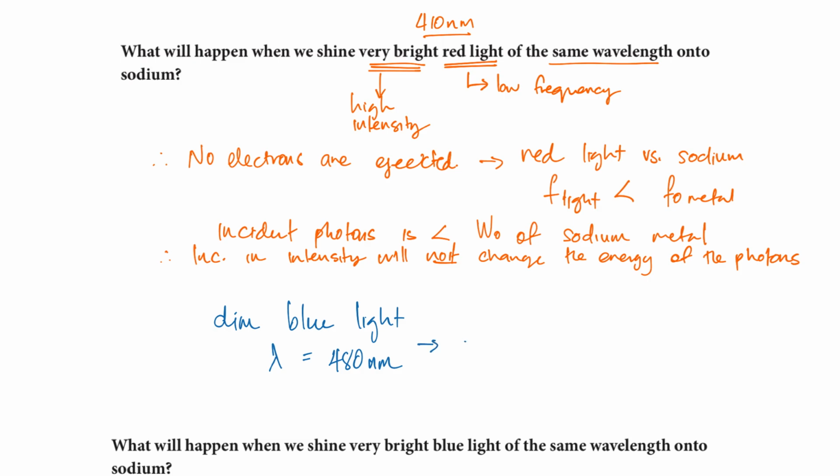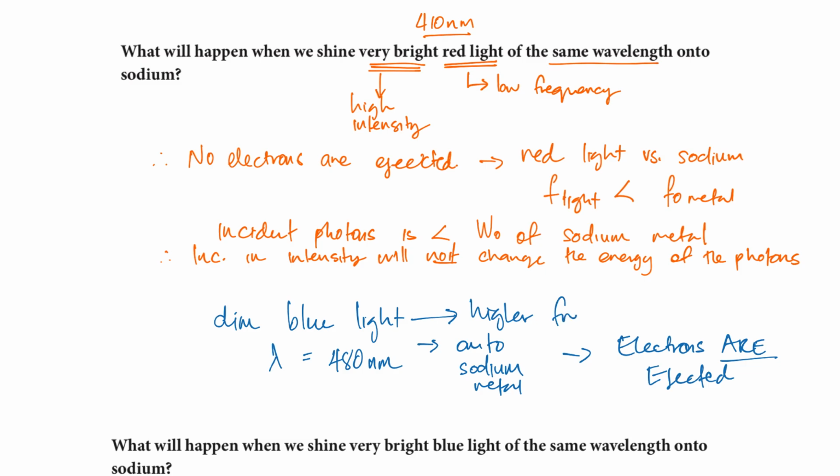If I shine this onto sodium metal, then the electrons are ejected. The reason for that is blue light has a higher frequency. And if I have a higher frequency, I have more energy. And more energy means more electrons have the energy to overcome the work function. So you've got to look at the words that they're using, and we're going to do a few scenarios like this and see where we get to.